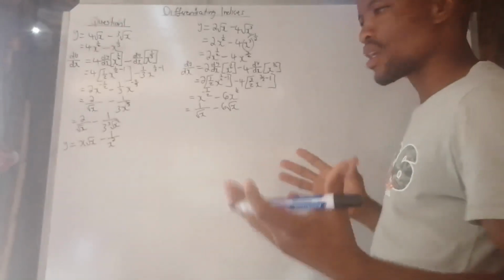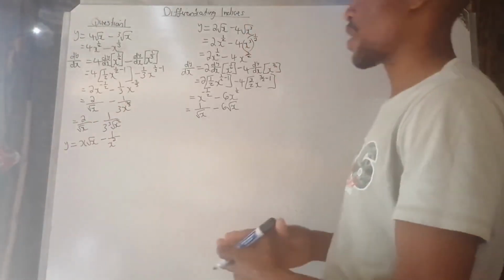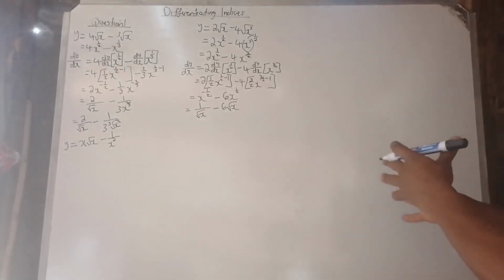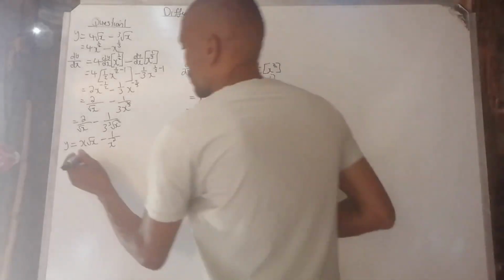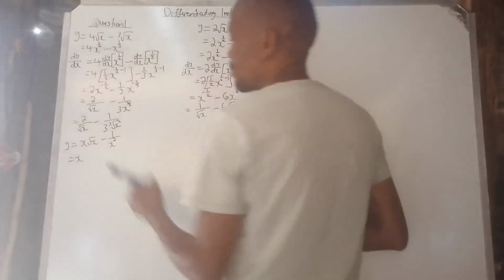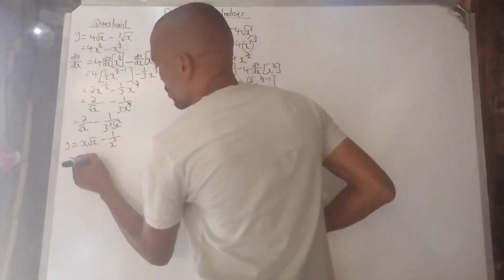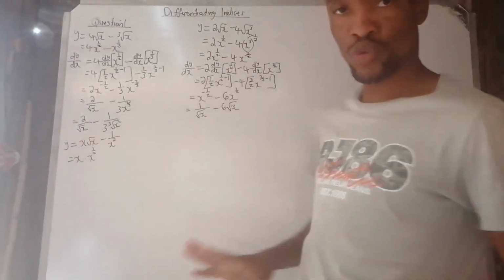The same procedural method will be employed, of course, because we are differentiating y with respect to x. But we know that we need to write whatever we have on the right side in exponential form, the bases with their respective exponents. So I'm having my x. The root of x, I know this is x to the 1/2. Remember, there's multiplication in between.